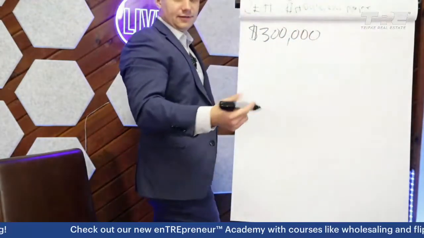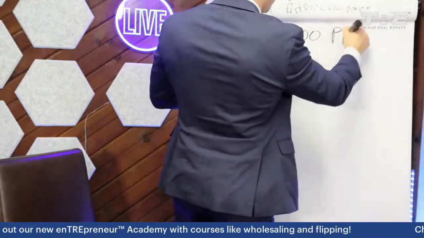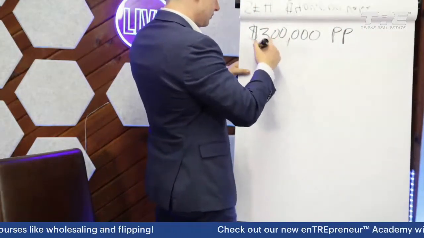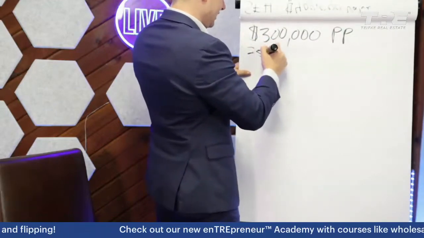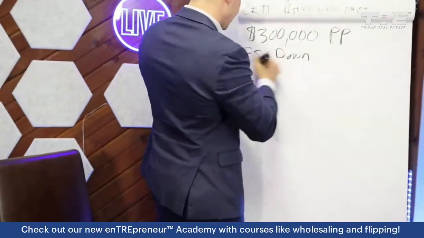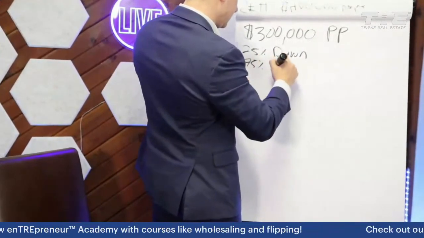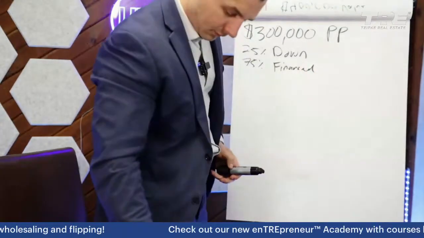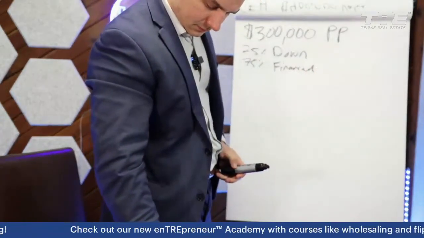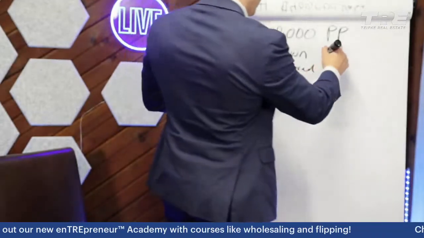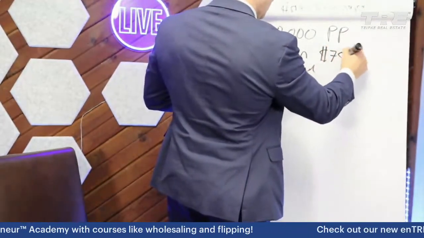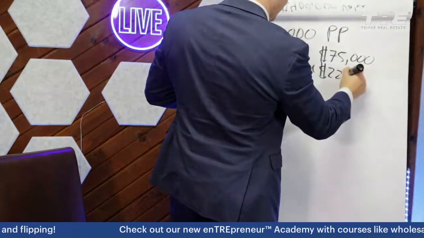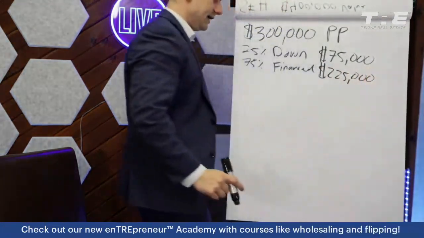We did get a loan on it. Purchase price. Let's say we put 25% down, 75% financed. So we put $75,000 down, and we got $225,000 financed.